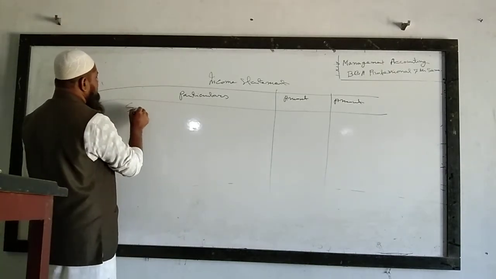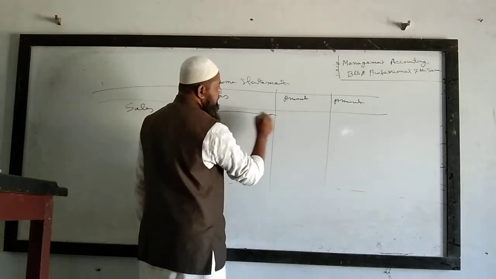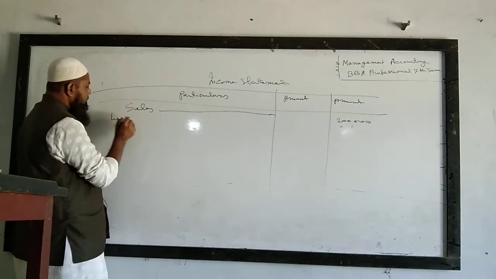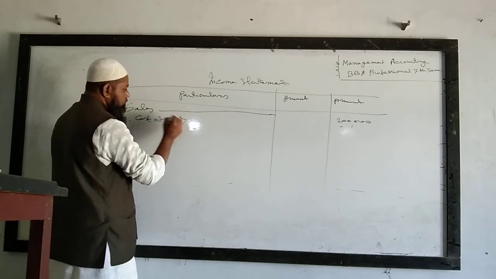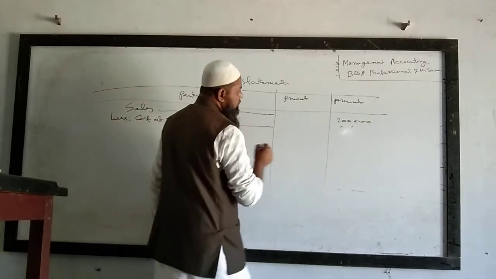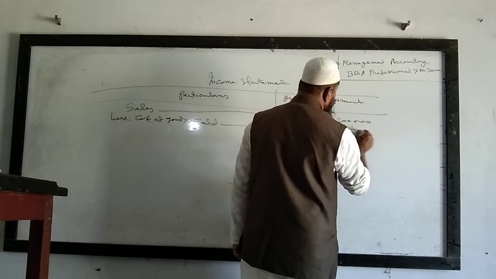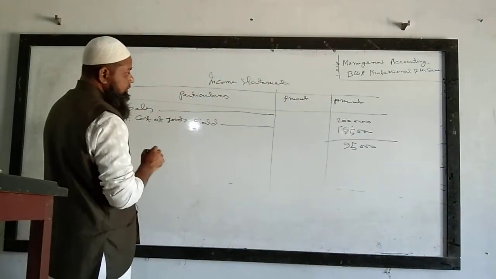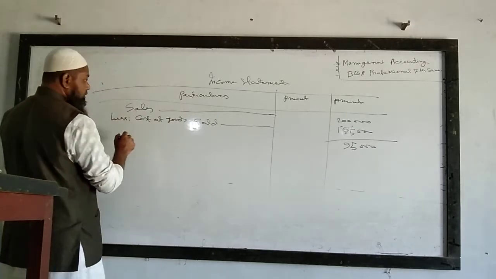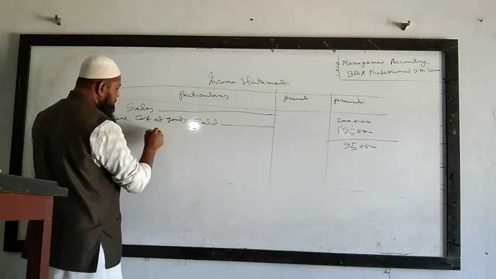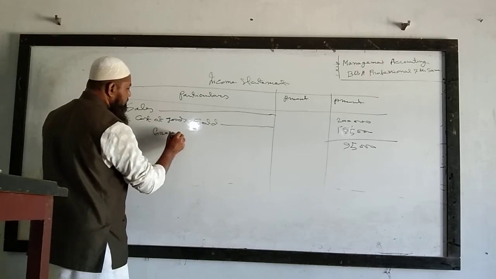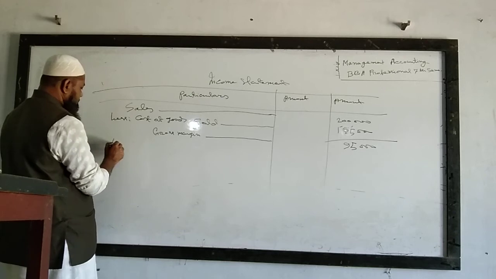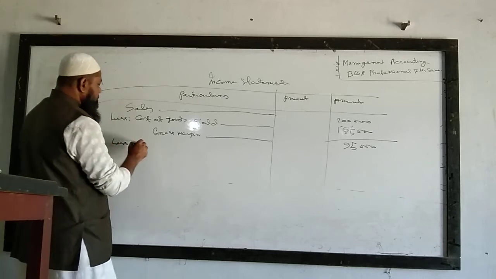Say for example, sales in the current year, sales 2 lakh, less cost of goods sold 1,05,000, 95,000, gross margin, that is called gross margin, less commercial expenses.